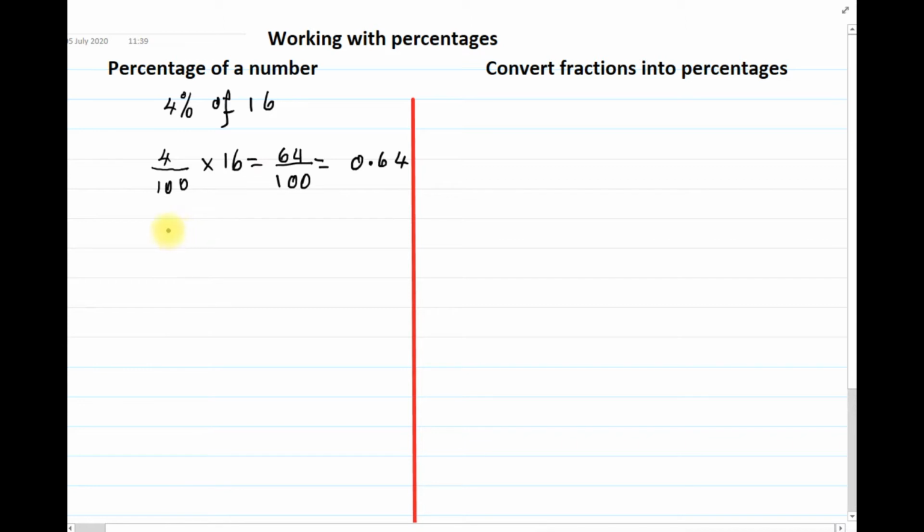Let's work out 25% of, say, 400. So 25% means divided by 100, and we times this by 400. So this will equal 400 over 100 is 4, it will be 100.